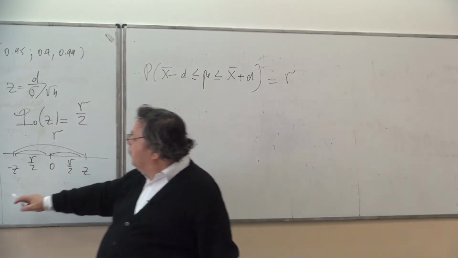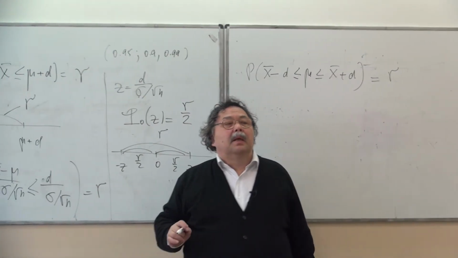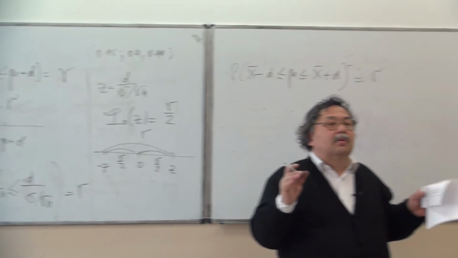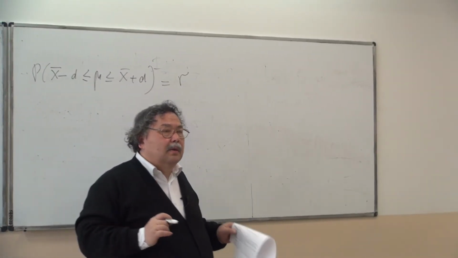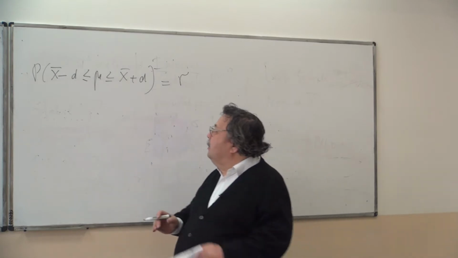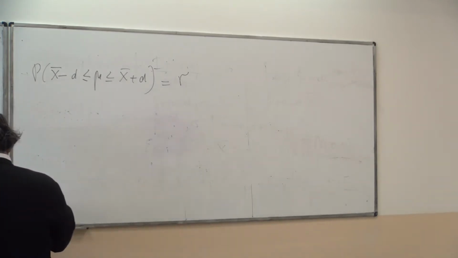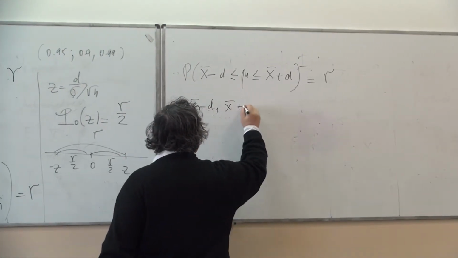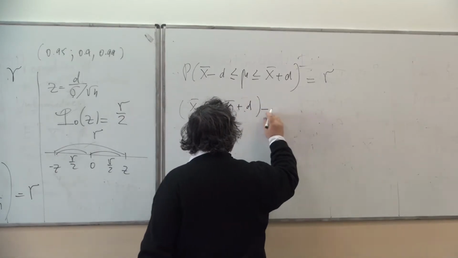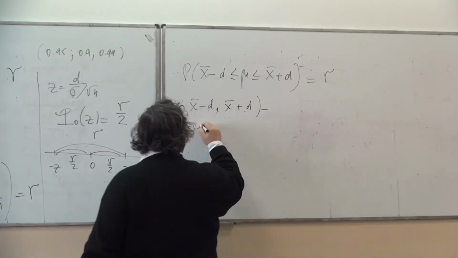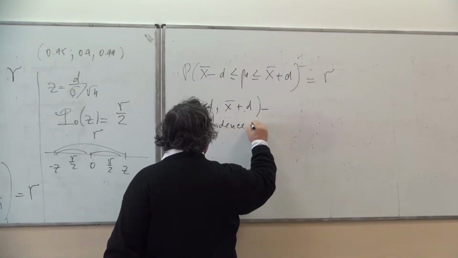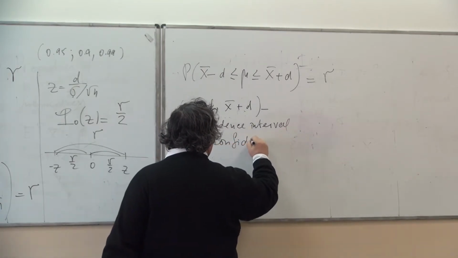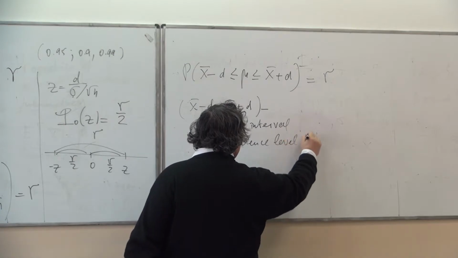With probability gamma, the interval constructed in this way will capture the true value of mu. So this is the right way to understand it. And this is called a confidence interval to confidence level gamma.